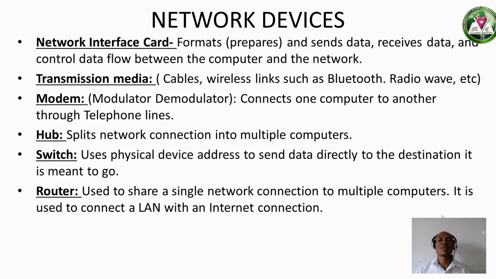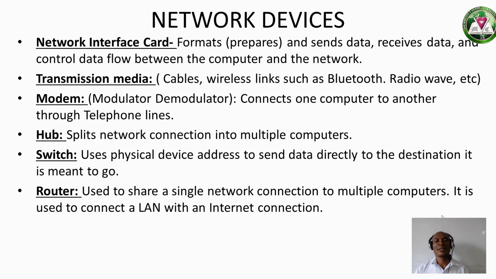Now let's look at some of the devices that may be required as you want to set up a computer network. One of them is the network interface card, abbreviated as NIC.